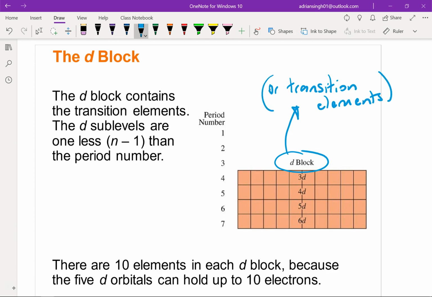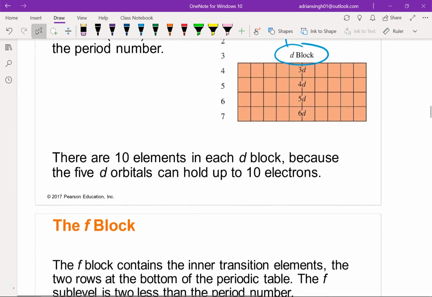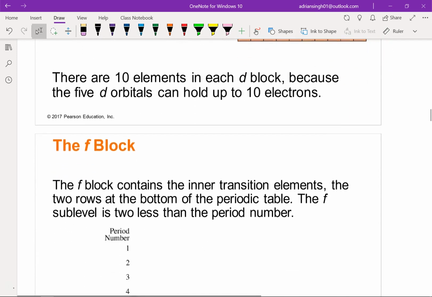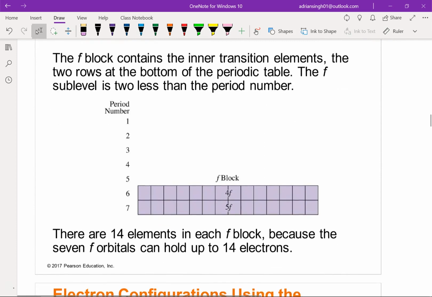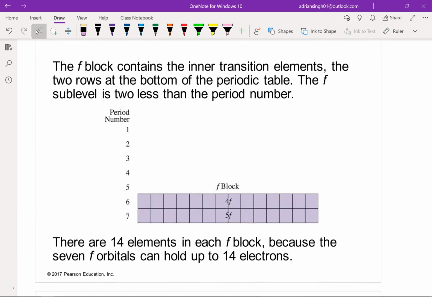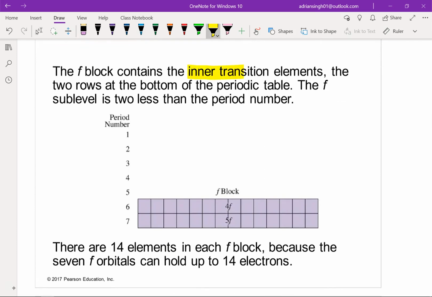There are 10 columns in there corresponding to those 10 electrons that can be accommodated. And then the F block, which we refer to as the inner transition elements. All right, there are 14 of those columns, which correspond to the 14 electrons that the F sublevel can accommodate.